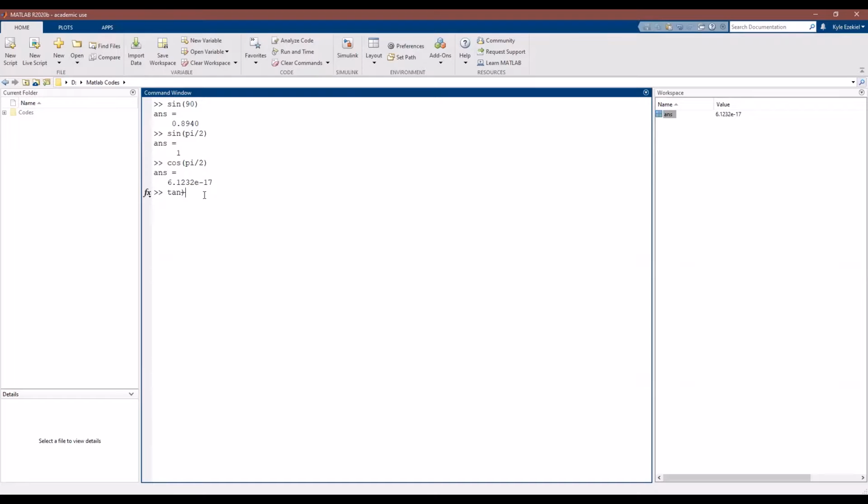Okay, let's just try tan pi over 2. Sine pi over 2, that is 1.